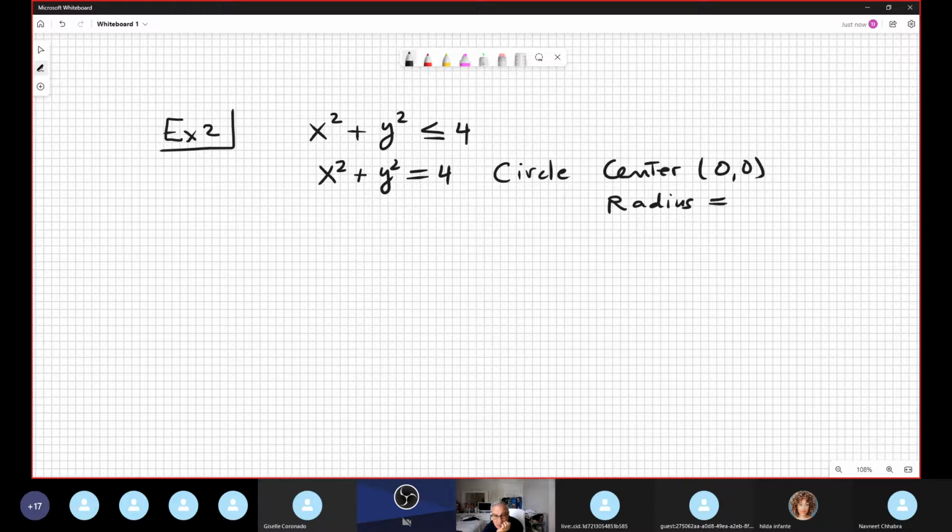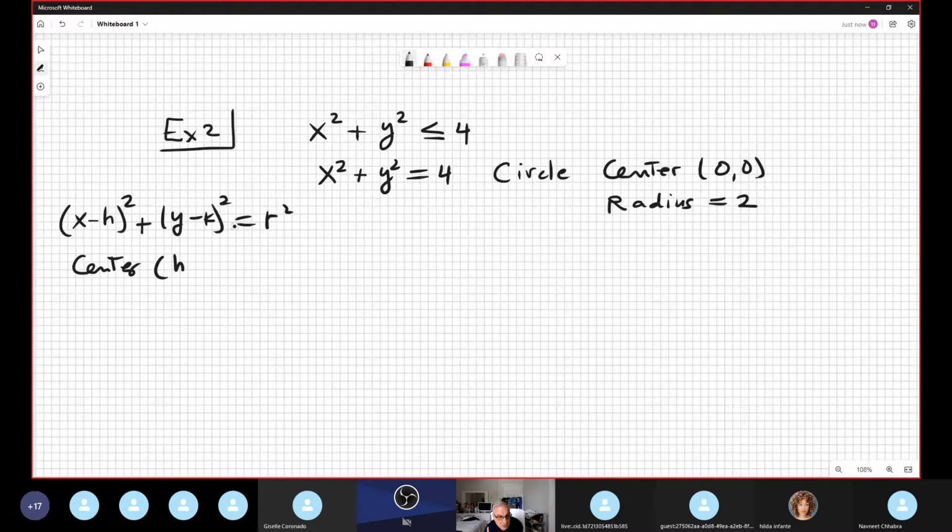Where does that 2 come from? Square root of 4, no? Because I know very well that the equation of the circle in standard form is (x minus h) squared plus (y minus k) squared equals radius squared. And the center is located at the point h comma k, and the radius is r, which is the square root of this guy.